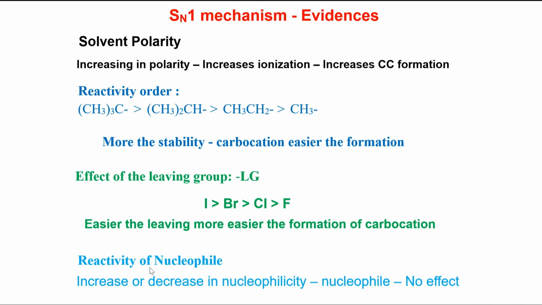It indicates that the reaction takes place in two steps and the nucleophile is not involved in the rate determining step, and thus the strength of the nucleophile does not have any effect on the rate of the reaction. Thus it is indirect evidence that a two-step reaction takes place and the carbocation formation is the first step.